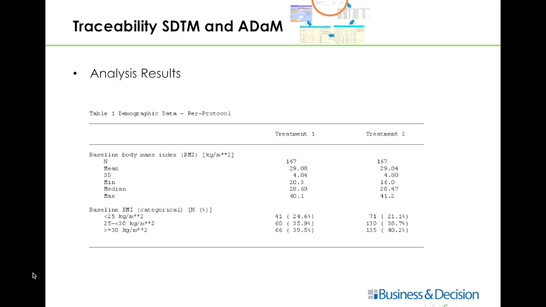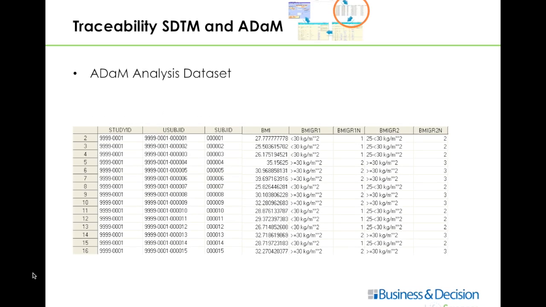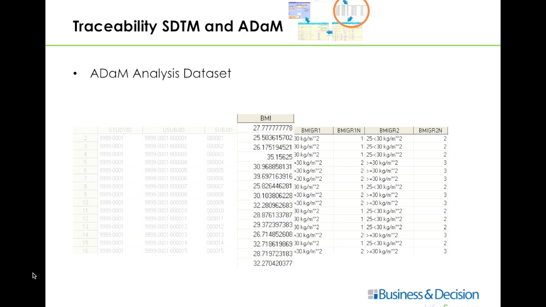So if we show this in a bit more detail, you'll see here an analysis results table, which contains some BMI information. And if you go and look in your ADaM analysis dataset, you will find this BMI data in an ADaM format.